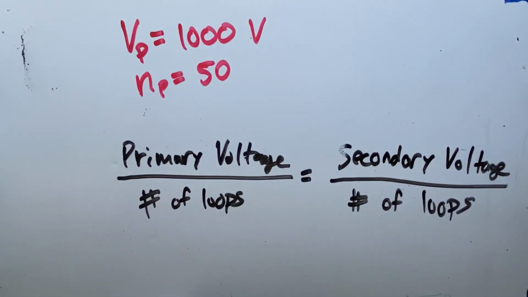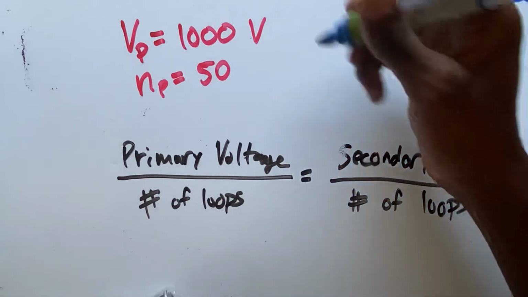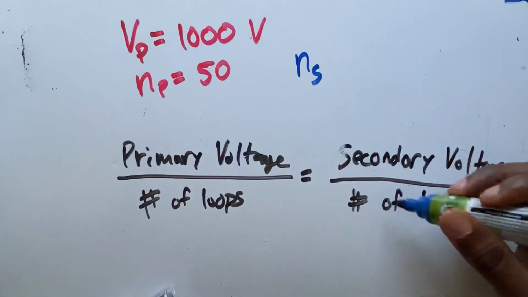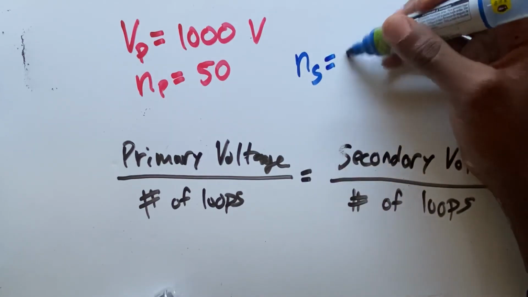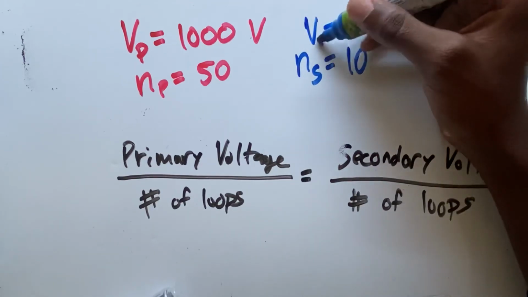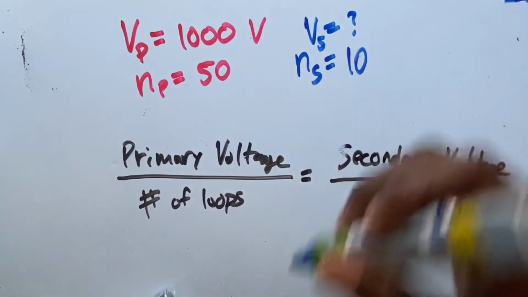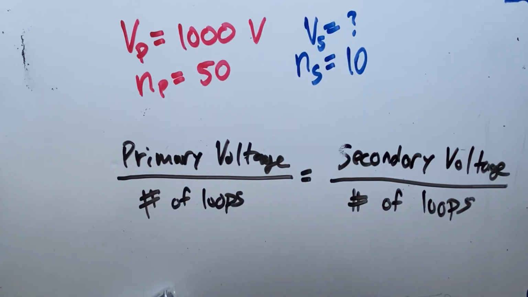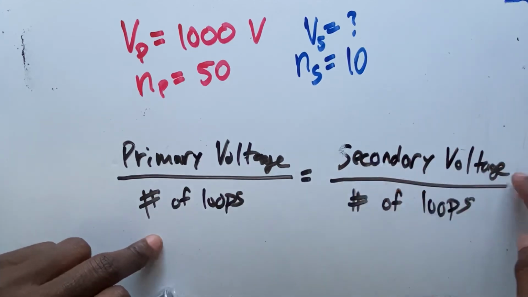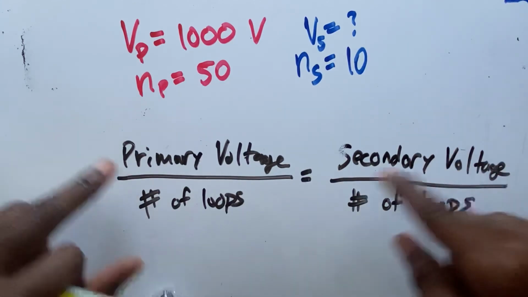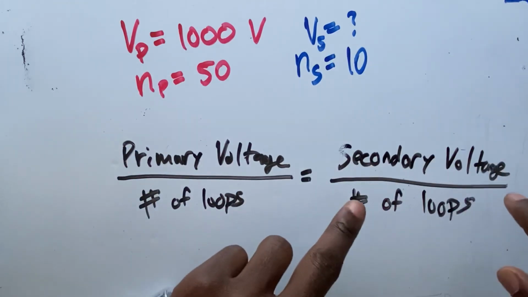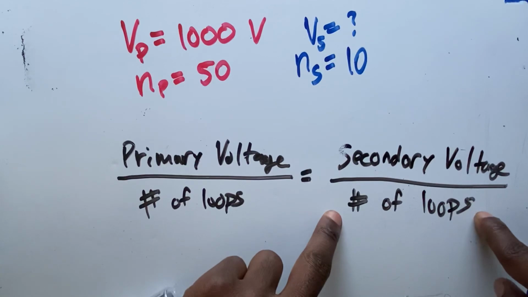And let's say the secondary, I use N for number of loops, and S for secondary, is 10. So what would the voltage for the secondary be? Well, using this equation here, we can solve for what the secondary voltage is going to be, because we know the primary voltage, we know the number of loops for the primary, and we know the number of loops for the secondary.